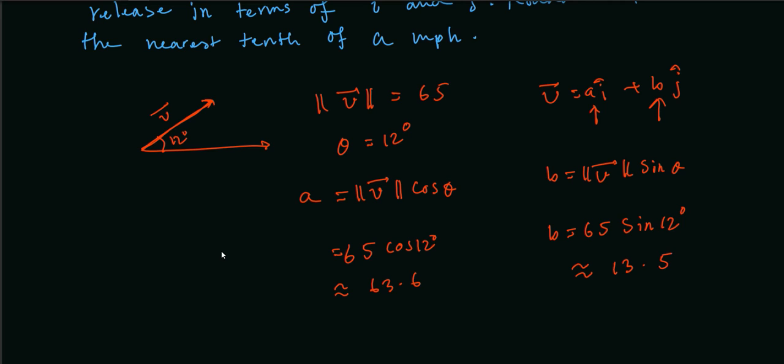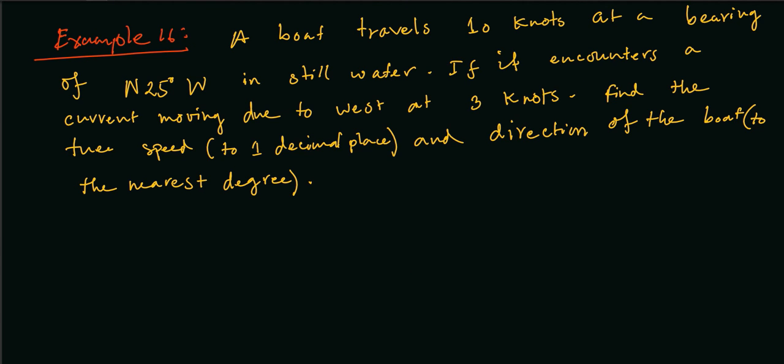So finally vector v should be equal to 63.6i plus 13.5j.